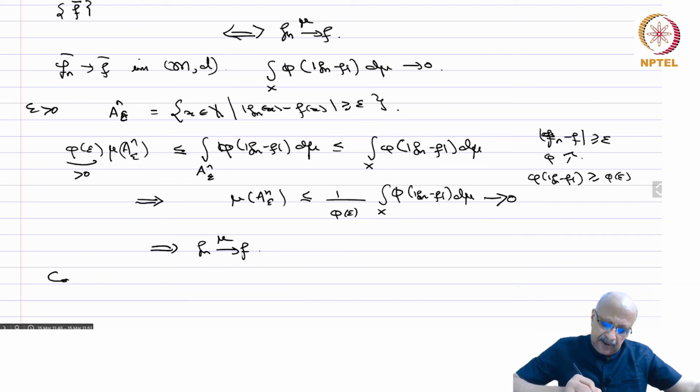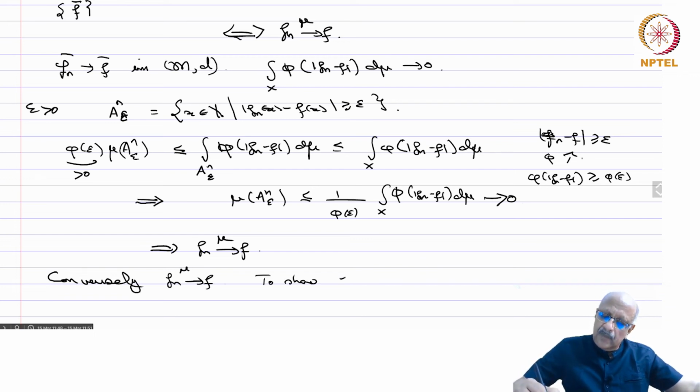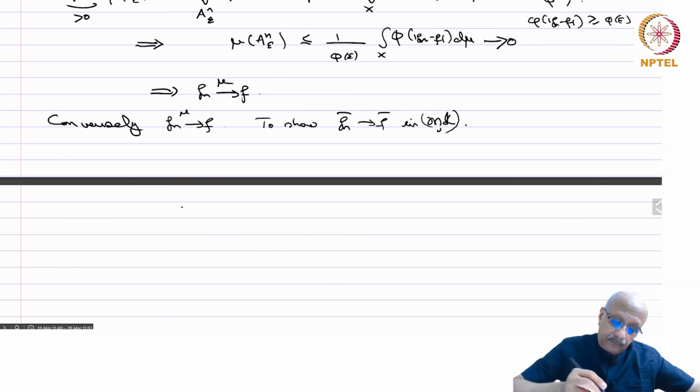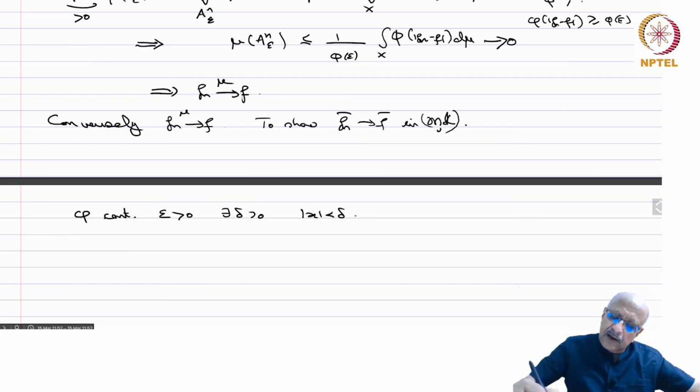Now conversely, let f_n converge to f in measure, to show F_n bar converges to f bar in M_D. Phi is continuous, so given any epsilon positive, there exists a delta positive such that mod x less than delta implies mod phi of x is less than epsilon.